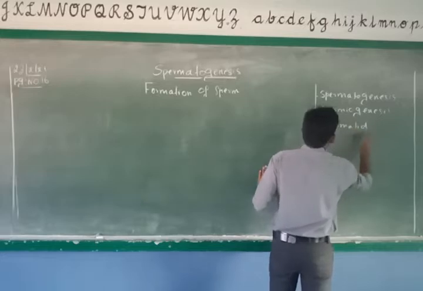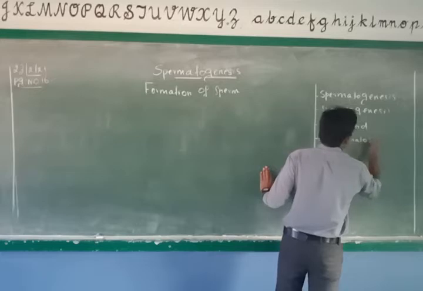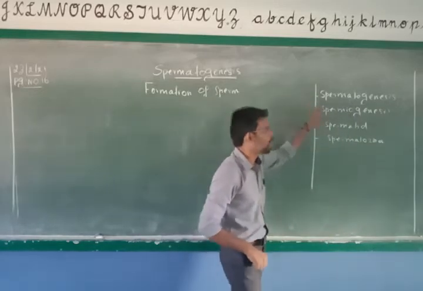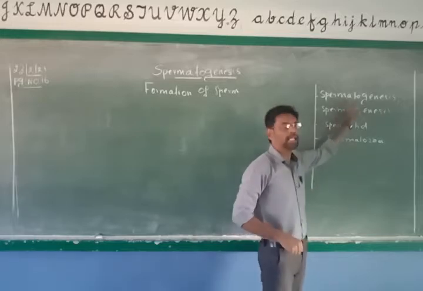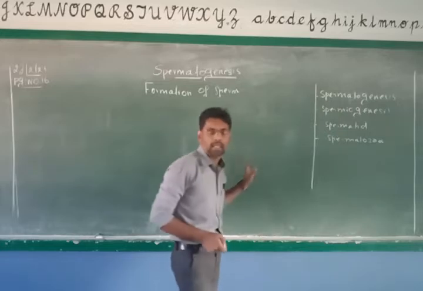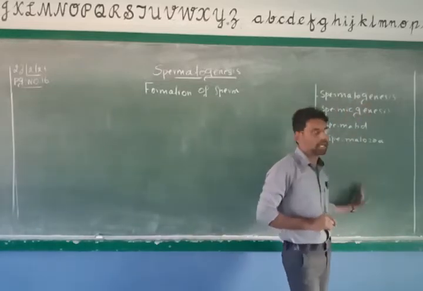And the last one is the spermatozoa. So these words we will come across. Everywhere you will find sperm, sperm, sperm. But still there is a confusion. That is the reason, particularly when you study this, you have to write and then study. Then only you will not make any mistake.